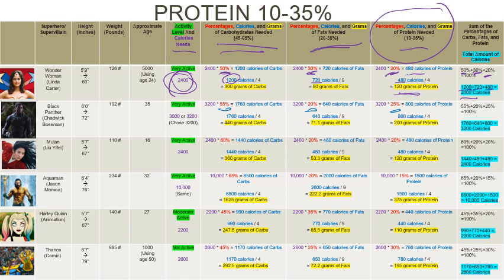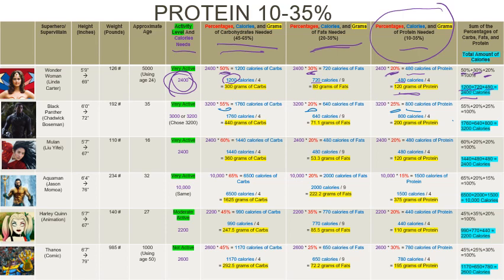So let's do the reversal math. 55 plus 20 plus 25 equals 100. Let's look at the protein. 3,200 times 25% equals 800 calories. 800 calories divided by 4 is 200 grams of protein.